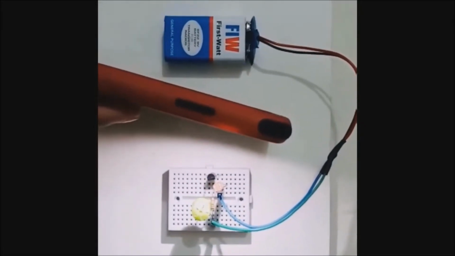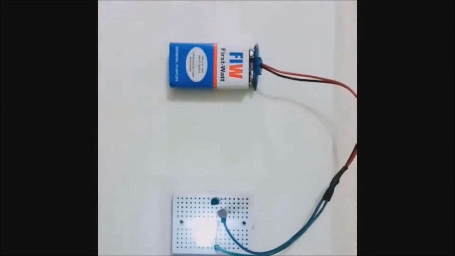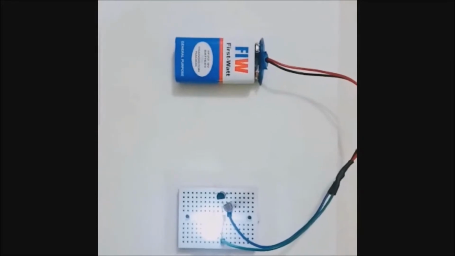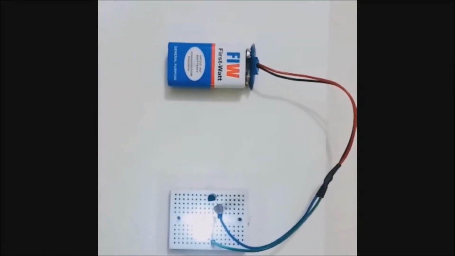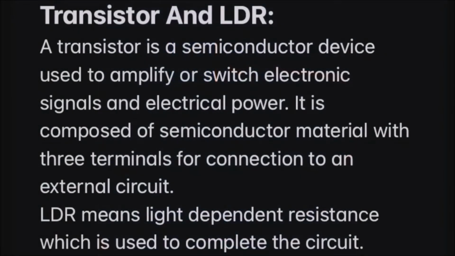Here we go. As you can see, the light goes off and now it glows. To show you once again, the light goes off and now it's glowing. So this is the basic ideology of this model.